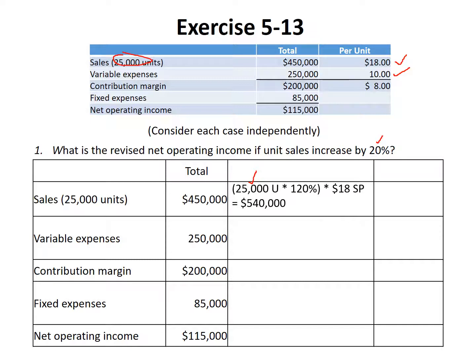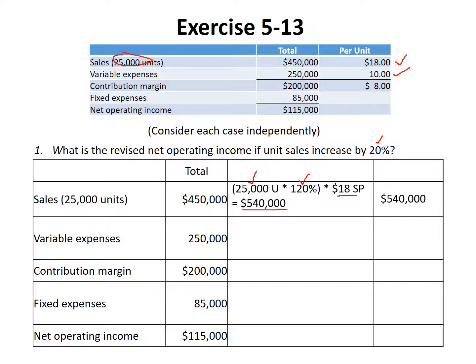So I'm going to multiply 25,000 times 120%. Now that amount I'm going to multiply times my sales price of $18 per unit. So the total amount in terms of my sales would now go from $450,000 up to $540,000.